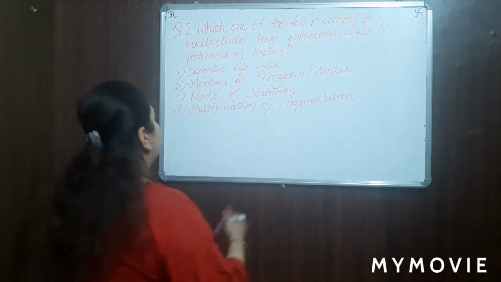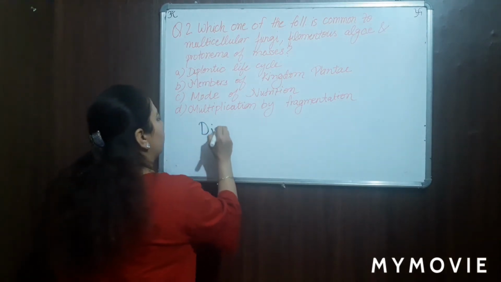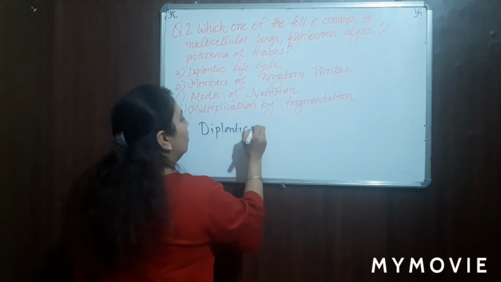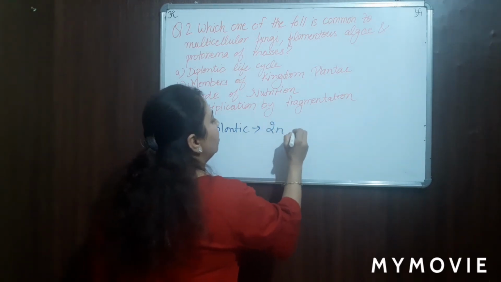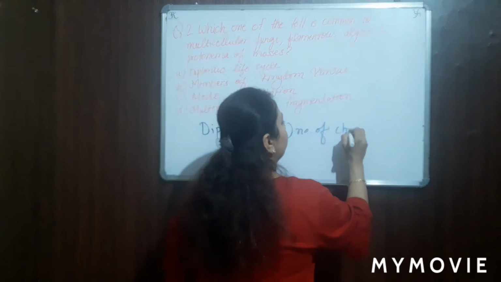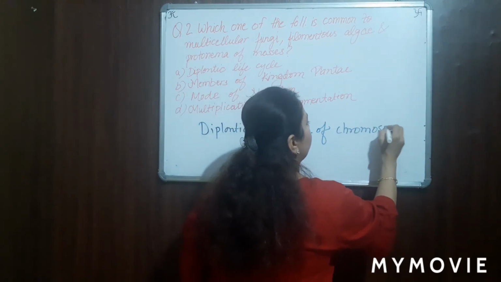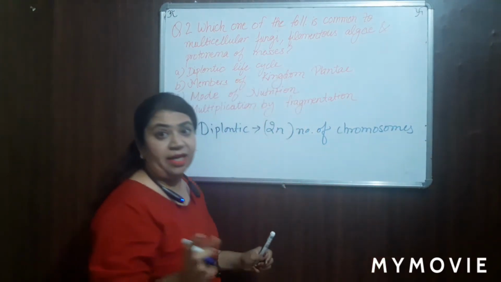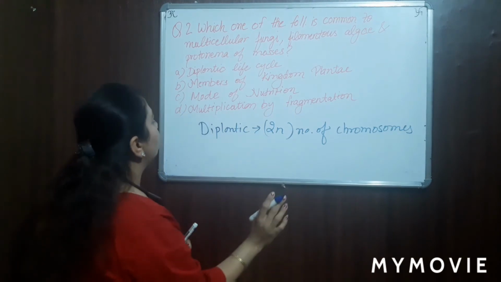What is Diplontic? Diplontic, it means having 2n number of chromosomes. And haplontic, it means having n number of chromosomes.